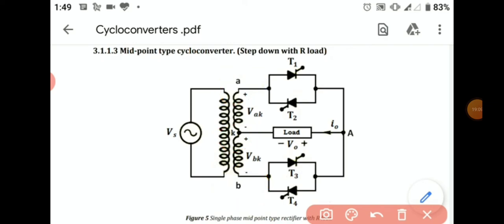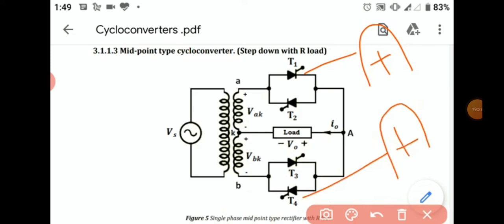In this step down midpoint type cycloconverter, the thyristor T1 will work for first positive half cycle and the thyristor T4 will work for second positive half cycle.